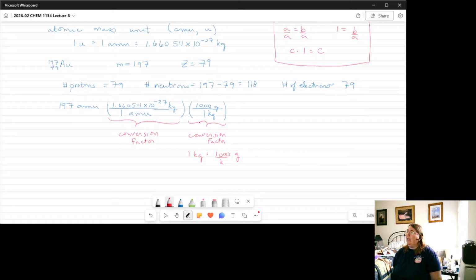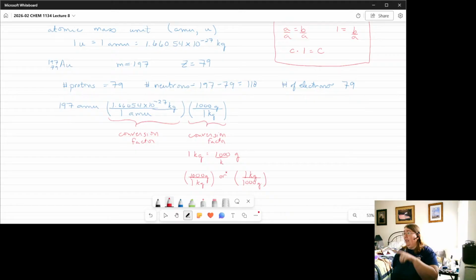How do I know which order to put this conversion factor? I could write this as 1,000 grams over 1 kilogram. I could have also written this as 1 kilogram divided by 1,000 grams.